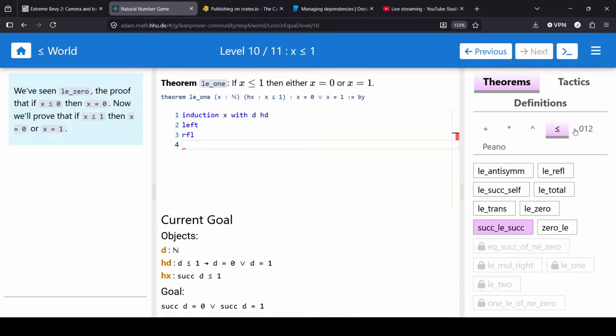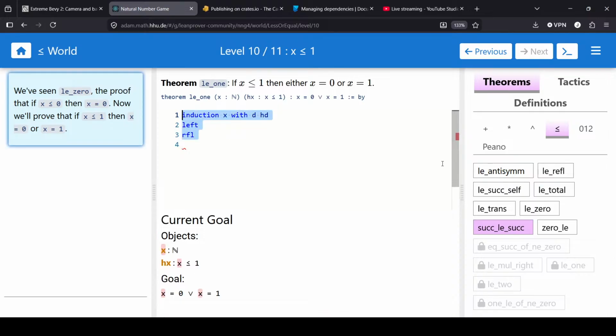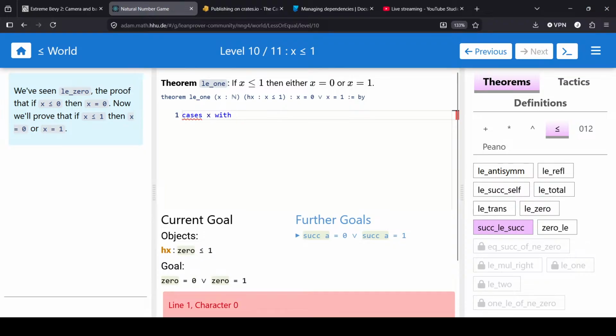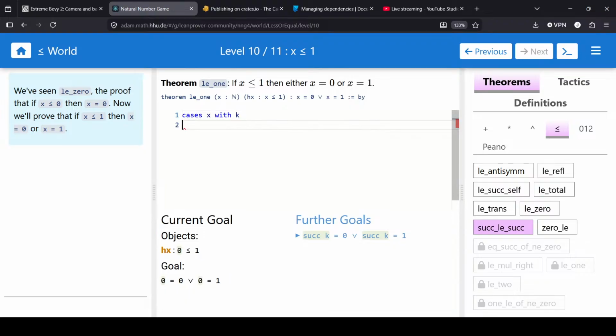It's not too far off. I do want to separate the cases where x equals 0 versus everything else. Oh, I'm stupid. I don't want to do induction. Well, yeah, of course, it's not like a proof for all x or whatever. Okay, I just need to do cases on x. And this is a number, so I just need to do something like that.